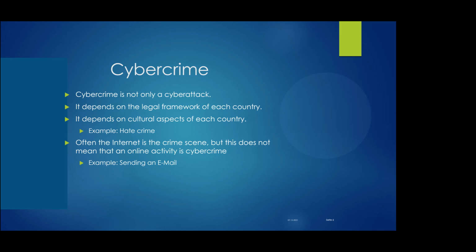Another point is that the internet is the crime scene, but it doesn't mean an online activity is cybercrime. For example, if somebody orders the killing of another person just by sending an email, you do not commit an offense within the meaning of cybercrime. The scene of crime is just moved to the internet.